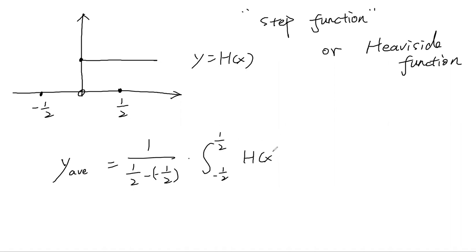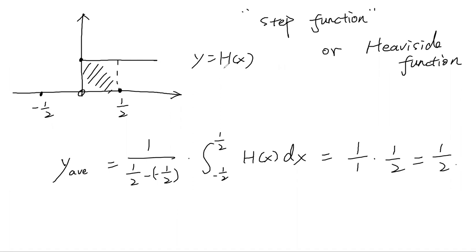And since this function is 0 from -1/2 to 0, and it's 1 from 0 to 1/2, the integral of this function is actually the area under this curve. So this is just 1 times 1/2, which is the area of this rectangle. It's a rectangle, although I drew it so it looks like a square here. And this is equal to 1/2.